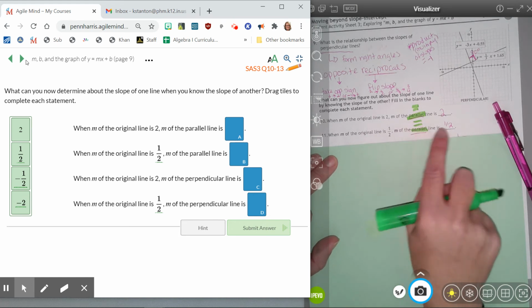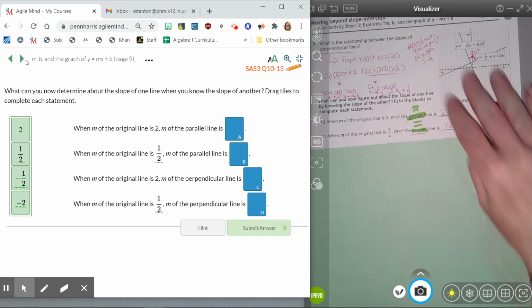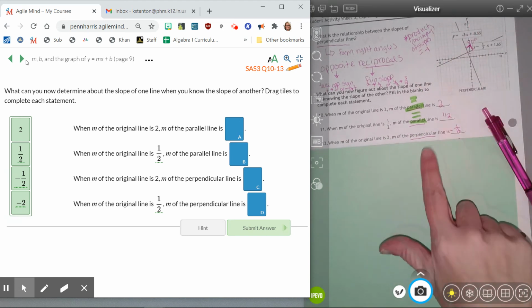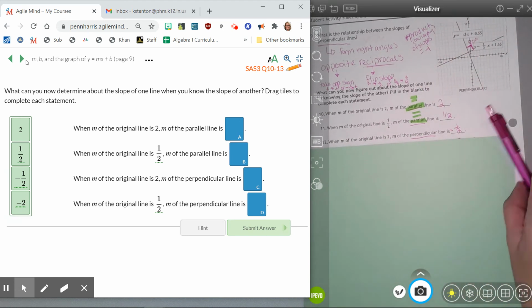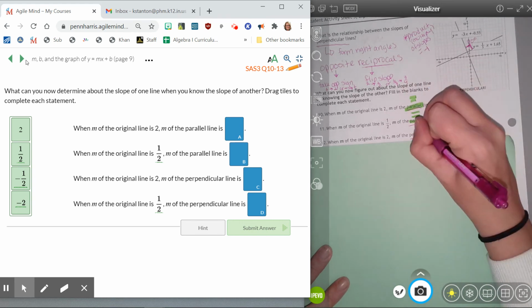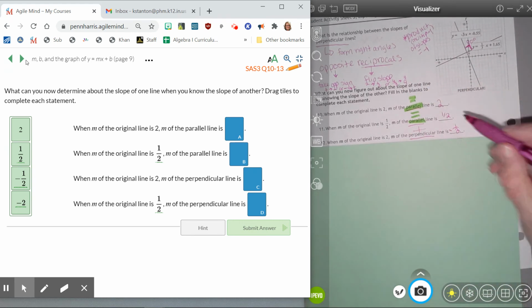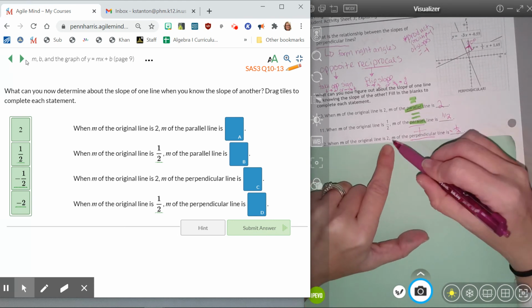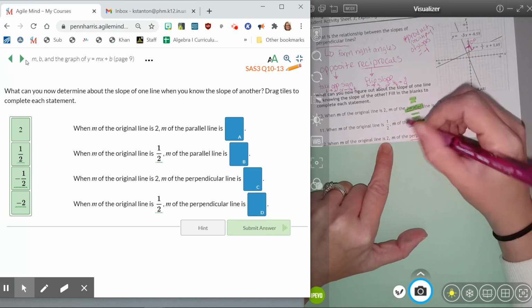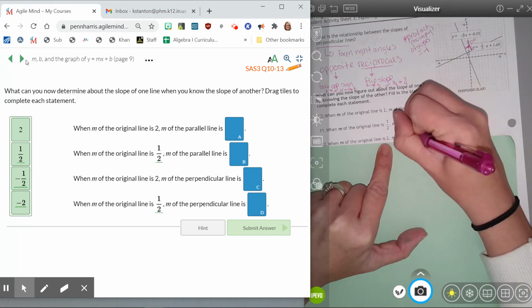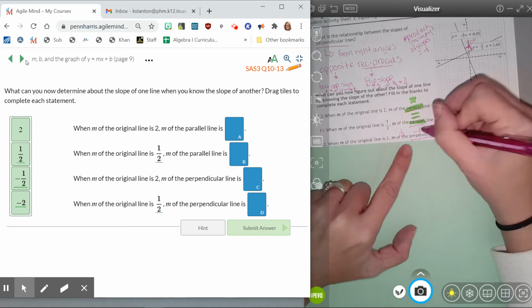Okay. So now let's think of perpendicular. Remember, perpendicular means to flip it the other direction, and we can maybe call it rotate it. Okay, so we have to flip it. So 2 over 1 changes to 1 over 2. And because it's positive, it now becomes negative.